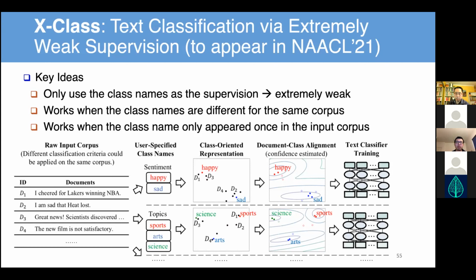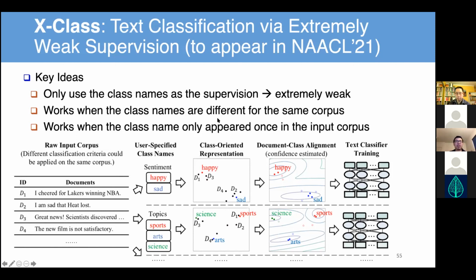The class names have to be of one kind, right? You can specify any. We do have cases where for the same corpus we have different classification criteria, and we can accommodate that as long as you specify a meaningful class name. You can even give us class names like Republicans versus Democrats, and we can give it a shot, but I don't know how accurate it will be because we never tested this. But theoretically, it should work.